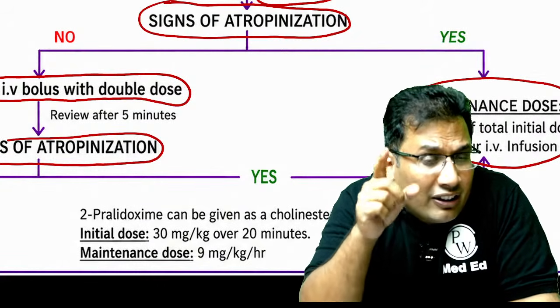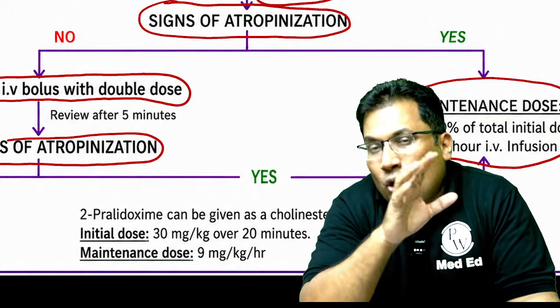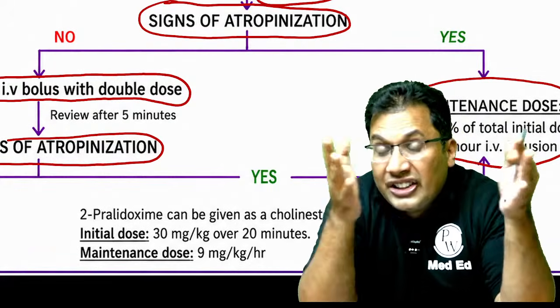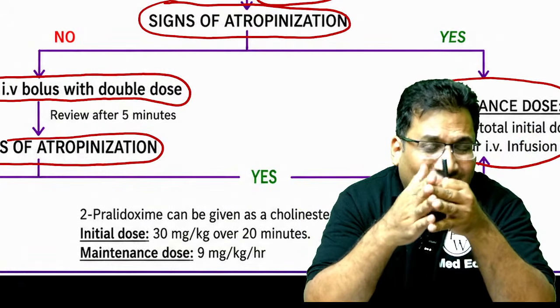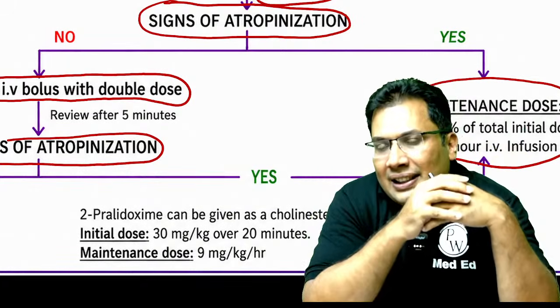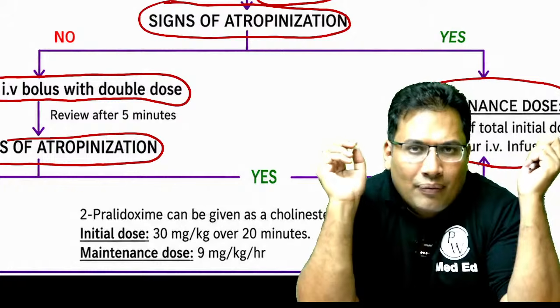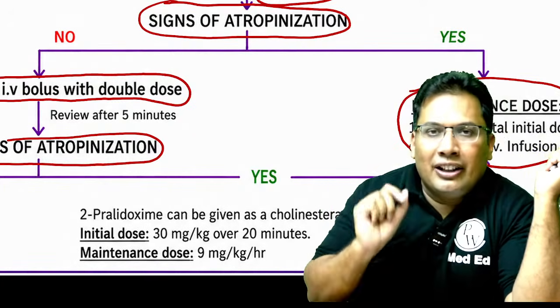It must be given within 48 hours, because after that there will be aging. So if you give prolidoxime or diacetyl monoxime after aging, there can be increased signs and symptoms, or we can say exacerbation.